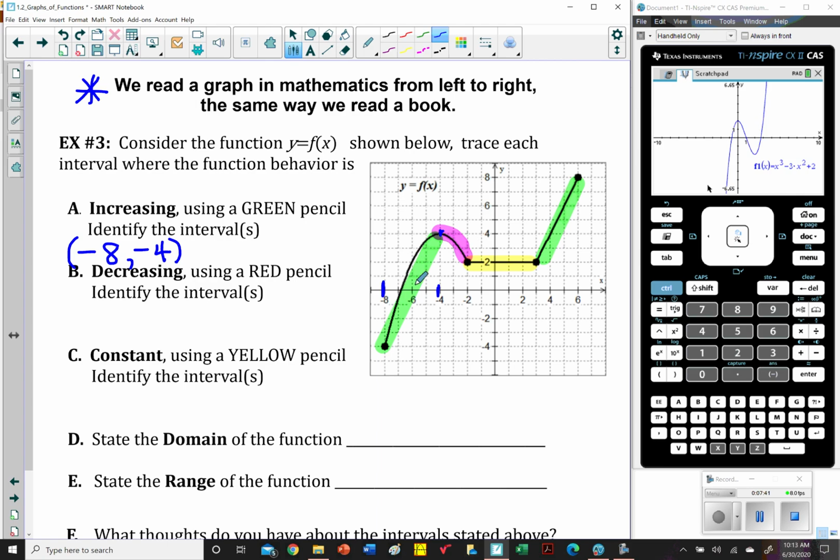It's going to go down. So decreasing from -4 to -2, and then constant from -2 to +3. And then on our last little leg from +3 to 6, we're increasing again.